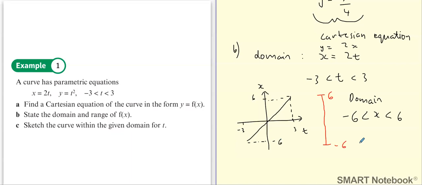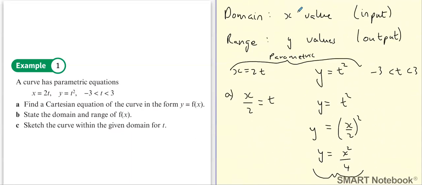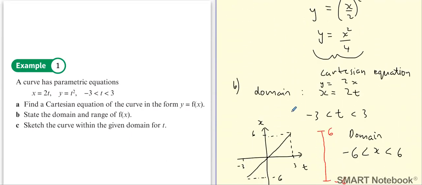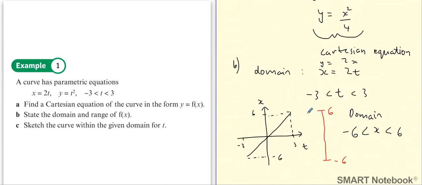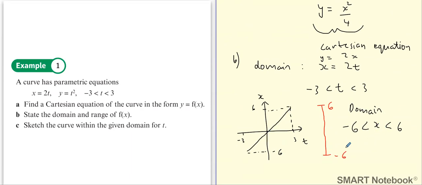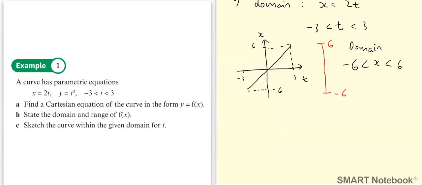Okay, does that make sense? When we are talking about the domain, we said earlier at the top of this sheet that domain refers to x values. In this case, x is on the y-axis, and so we only look at the height of this straight line. What is the minimum height? It's -6. The maximum height is 6, therefore x values lie between -6 and 6.